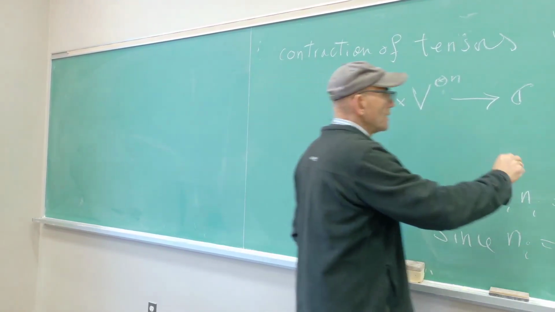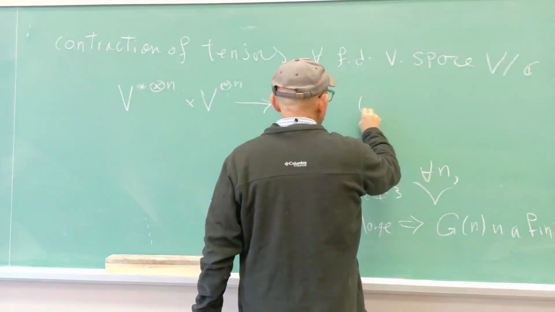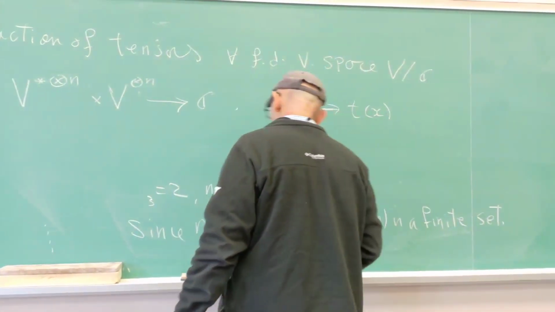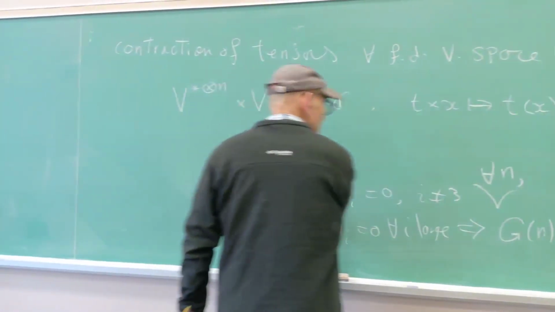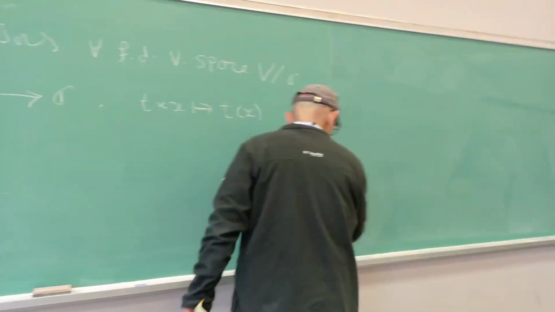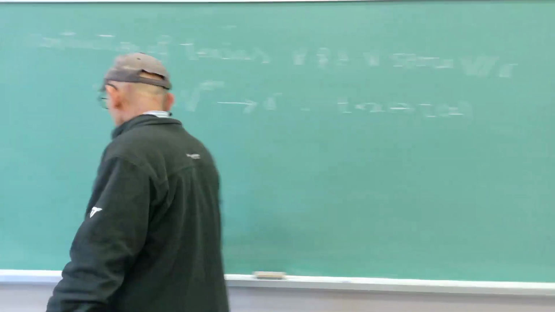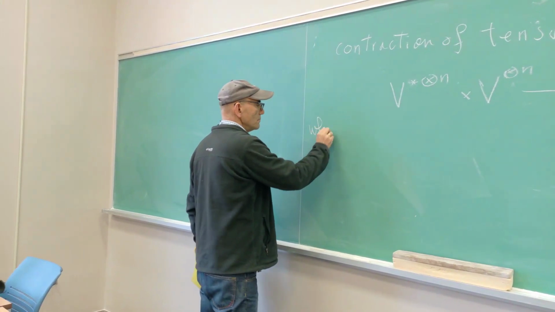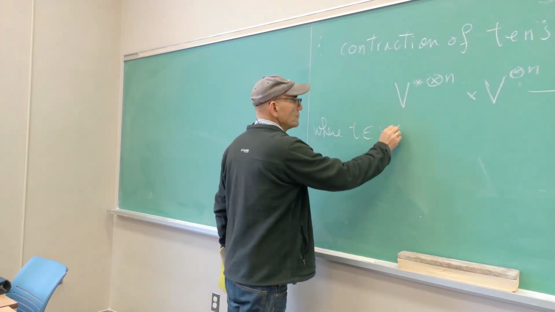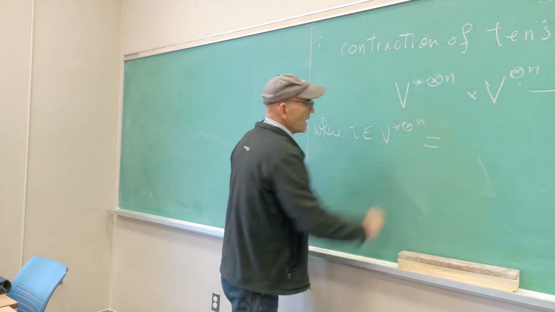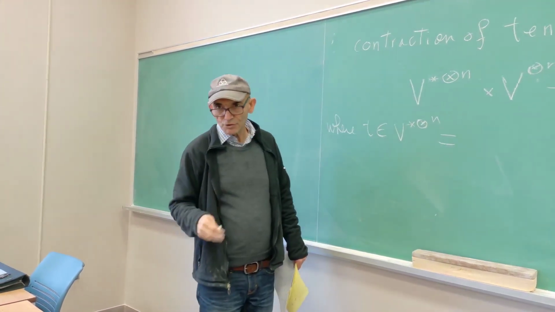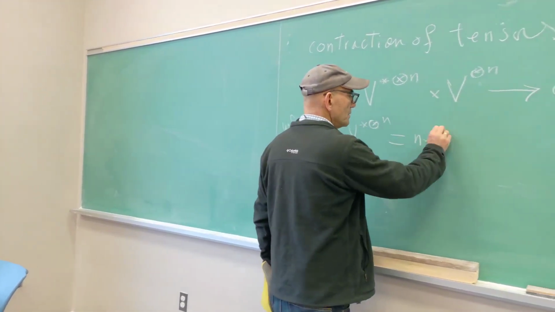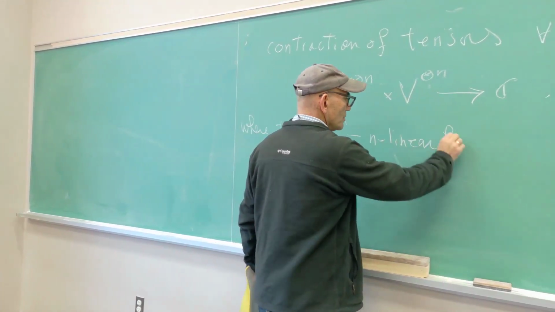Given by t tensor x is mapped to tx, where this t belonging to V star tensor n is the space of all n linear functionals on V, right? That's the notation.